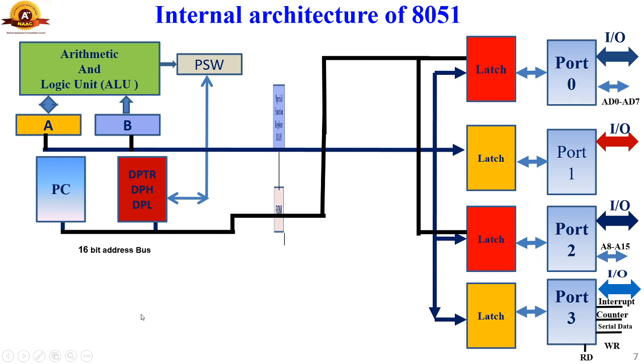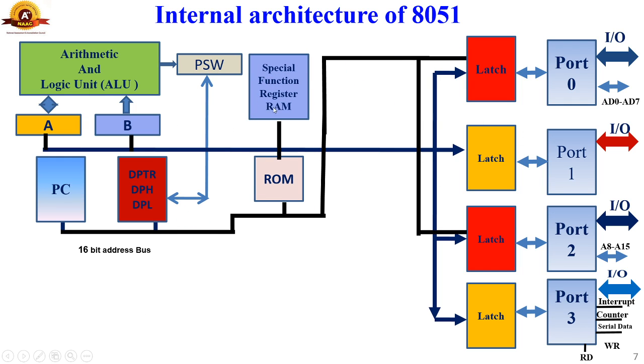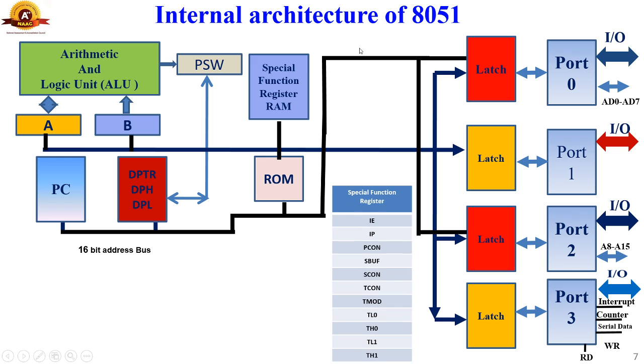Program counter register. It consists of special function registers, random access memory and read-only memory: 128-byte RAM and 4K read-only memory. Special function registers like interrupt enable, interrupt priority register, program control register, serial buffer, serial control register, timer control, timer mode select register, and timer 0 and timer lower byte and higher byte.